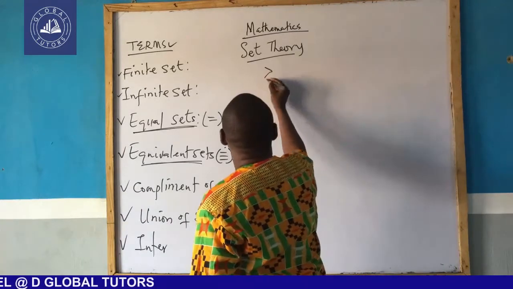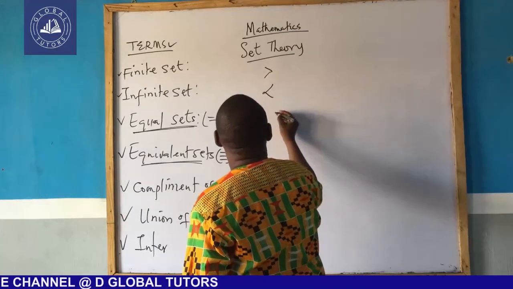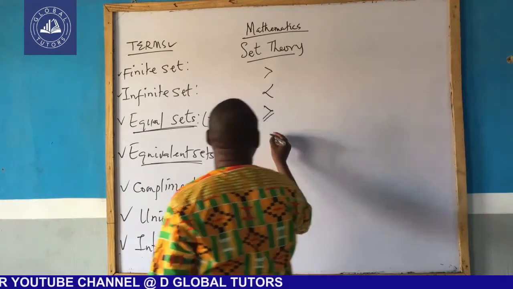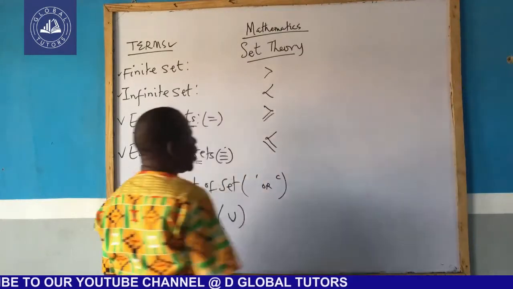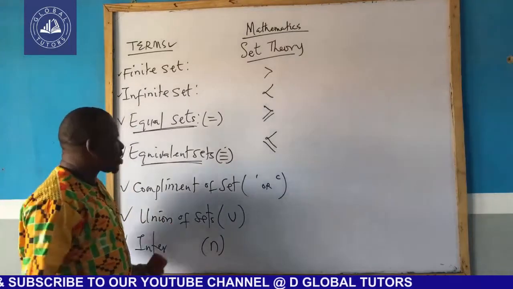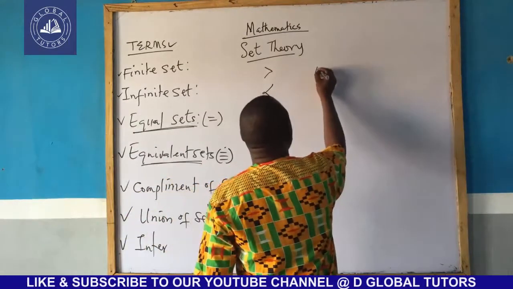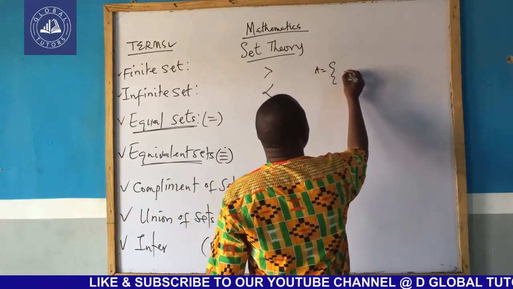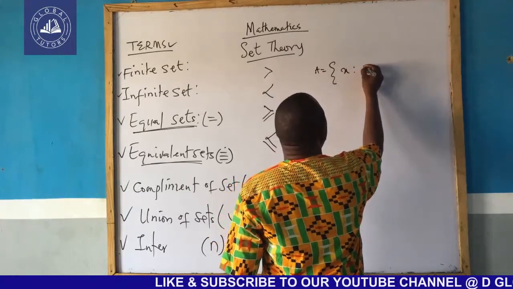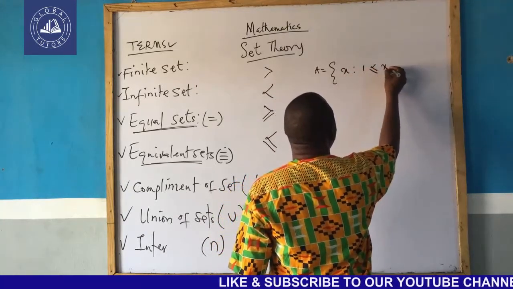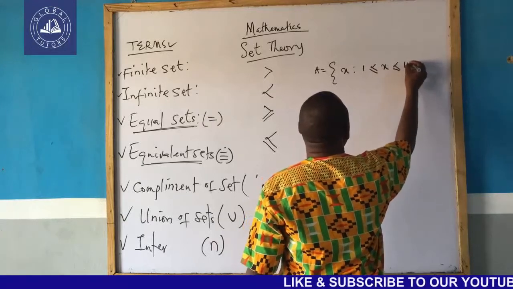Remember, this is greater than, this is less than, this is greater than or equal to, this is less than or equal to. So in some questions you can have A equals a set of X such that 1 is less than or equal to X and X is less than or equal to 10.